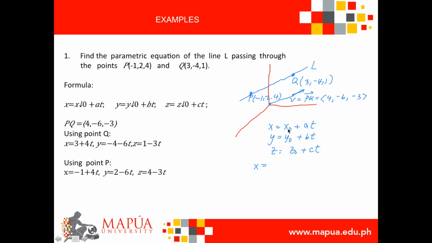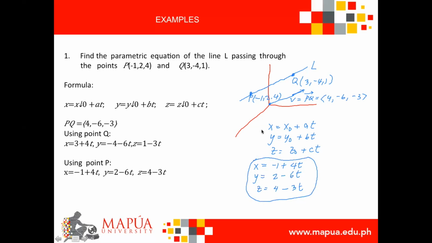If we denote point P as our x sub 0, y sub 0, and z sub 0, we now have x = -1 + 4t, then y = 2 + (-6)t, then z = 4 + ct, where c is -3. So this will be the parametric equation of your line L.